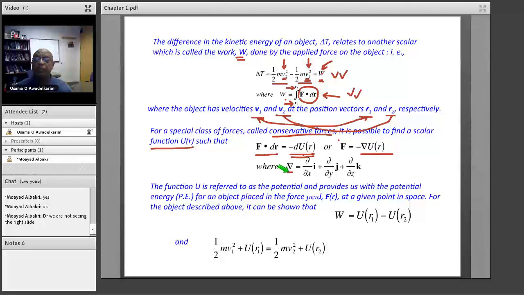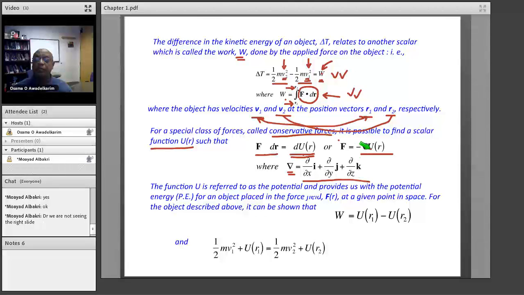Remember, this nabla, if you remember your vector analysis or vector algebra, is an operator, and it is the derivative with respect to space along the three mutually perpendicular directions. So force can be extracted from this scalar function.